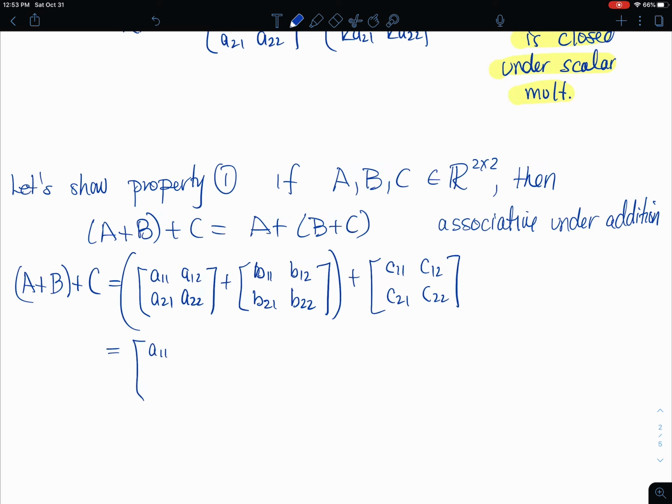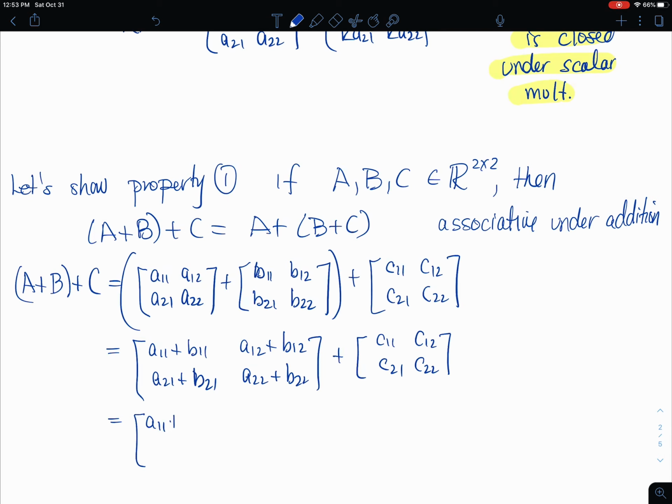So again, we know how to add 2 matrices. And then we're going to add the third one. Now we basically have 2 matrices again, so we're just going to add.